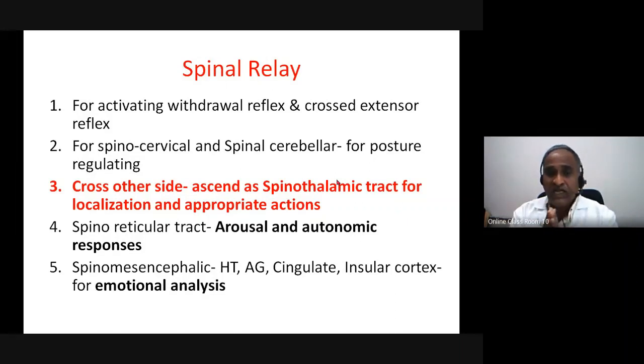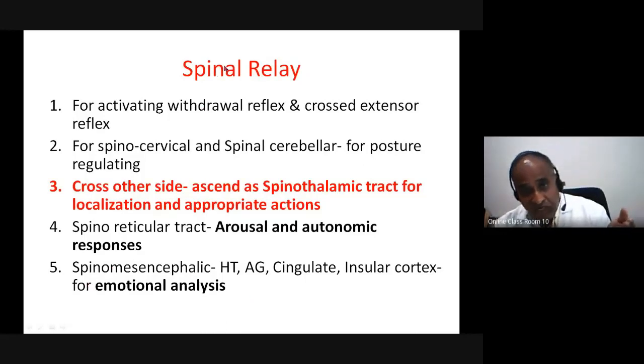Okay, so the first relay is the reticular relay, and from the reticular system, it will go to the reticular nucleus of the thalamus, and then it is for arousal and autonomic responses. Okay, the mesencephalic relay connects the hypothalamus, amygdala, cingulate cortex, and insular cortex, and this is for the emotional analysis of the pain, and other affective things associated with this part.